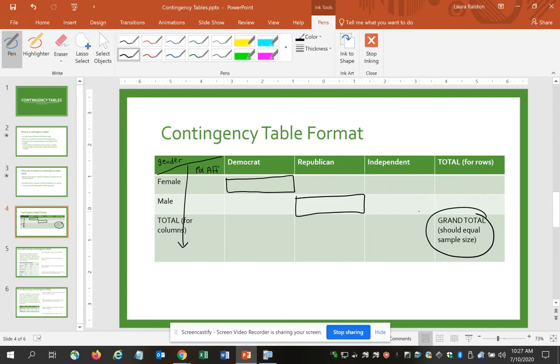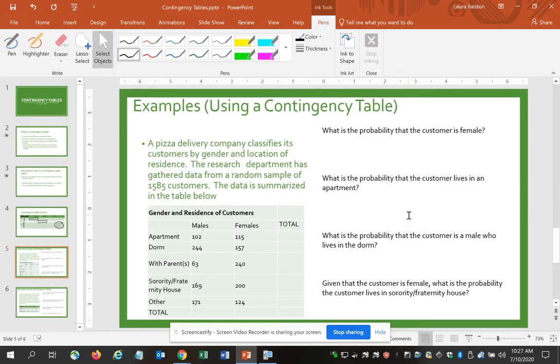And so I want to show you how to use a contingency table. It's not a difficult format to understand, but let's look at how we can use it as it relates to probability. So we have a question.